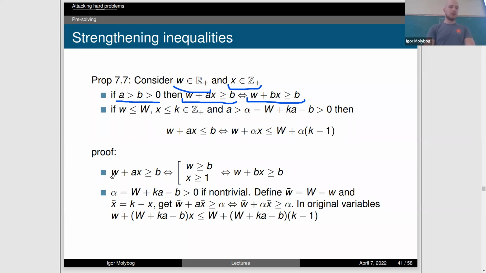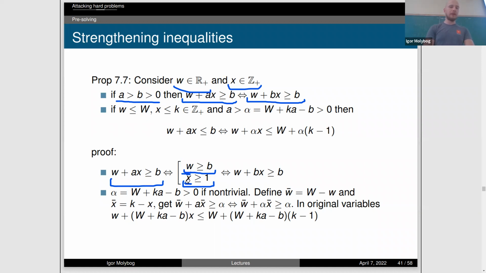First, this is our initial inequality. Since we are saying that a is greater than b greater than 0, this is equivalent to saying that either w is greater than or equal to b, or x is greater than or equal to 0. Oh, sorry, than 1. x cannot be equal to 0 if w is less than b, and the other way around.